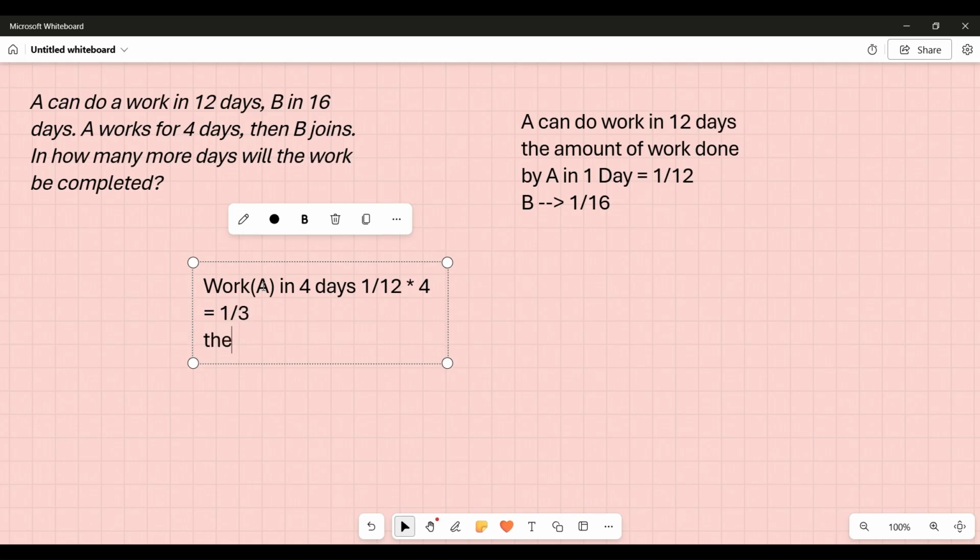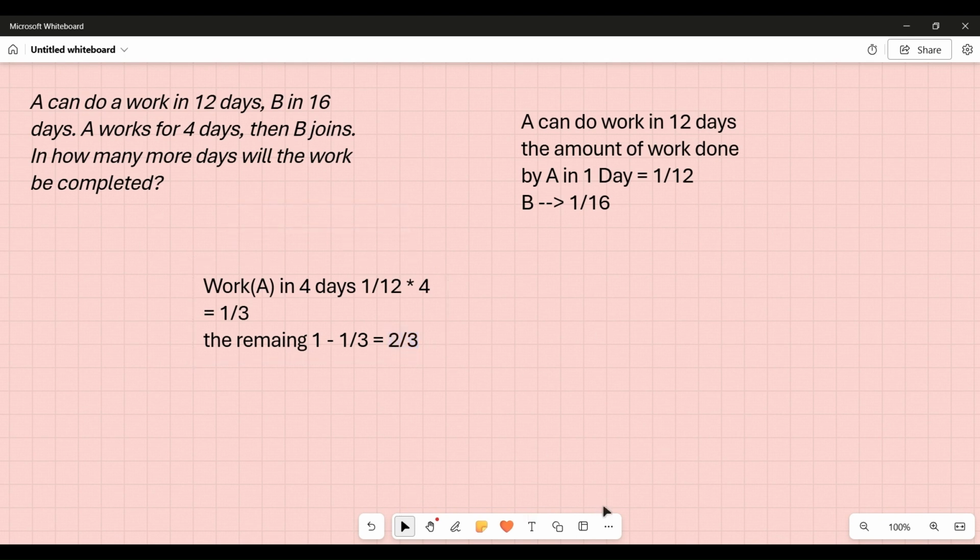So the remaining work is 1 minus 1 upon 3, which is equal to 2 by 3. So after the 4 days, 2 upon 3 of the work remains to be done.